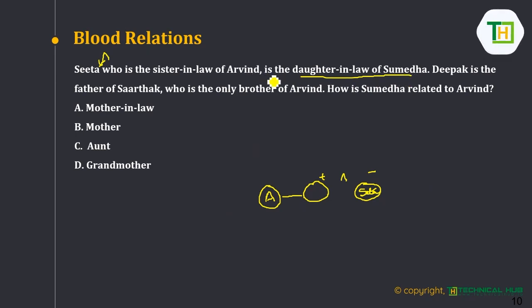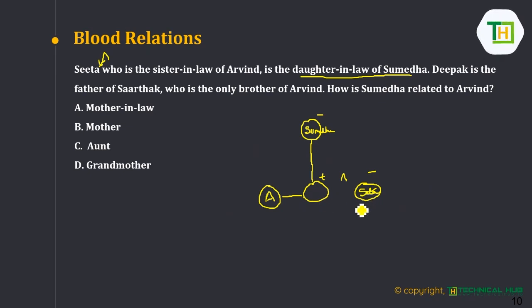And Sita is the daughter-in-law of Sumedha. So this means Sumedha is taken as either Arvind's mother or Arvind's sibling's mother. In this place, taken as Sumedha. Daughter-in-law means Kodalu. Of whom? Of Sumedha. So Sita is the daughter-in-law of Sumedha.